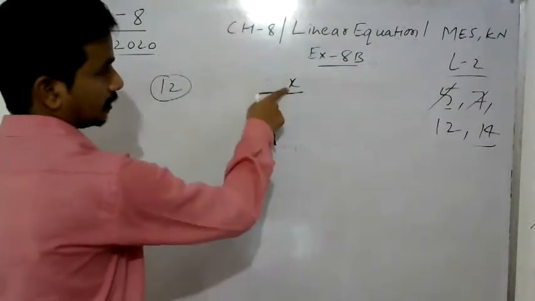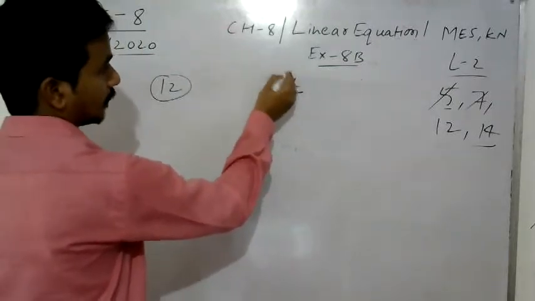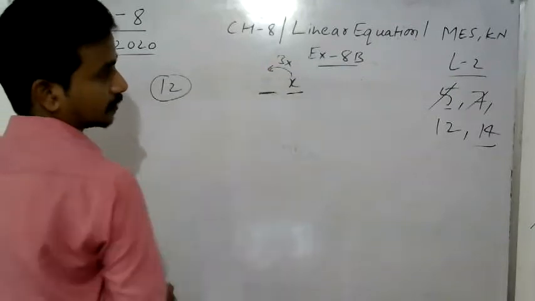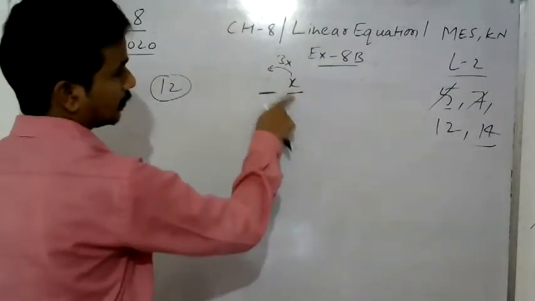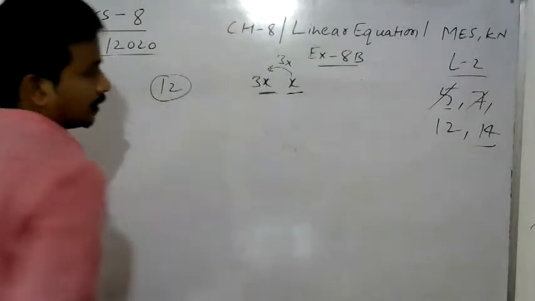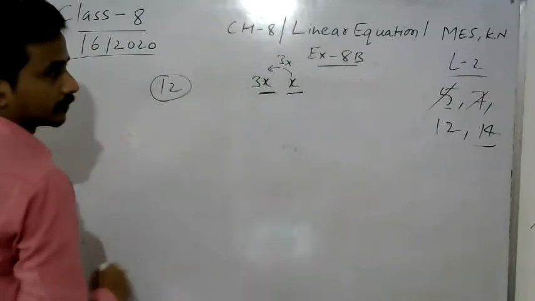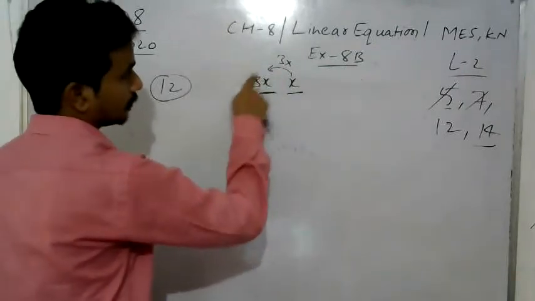It is saying the digit in the tens place is 3 times the digit at the units place. It means the digit at the tens place will be 3 times of this.